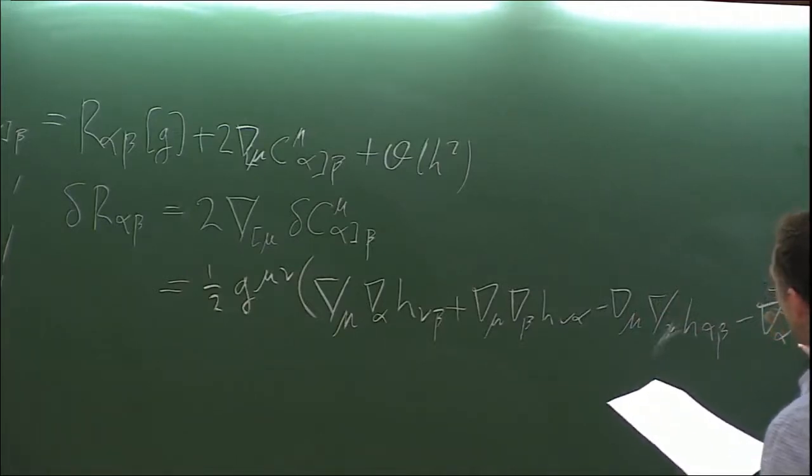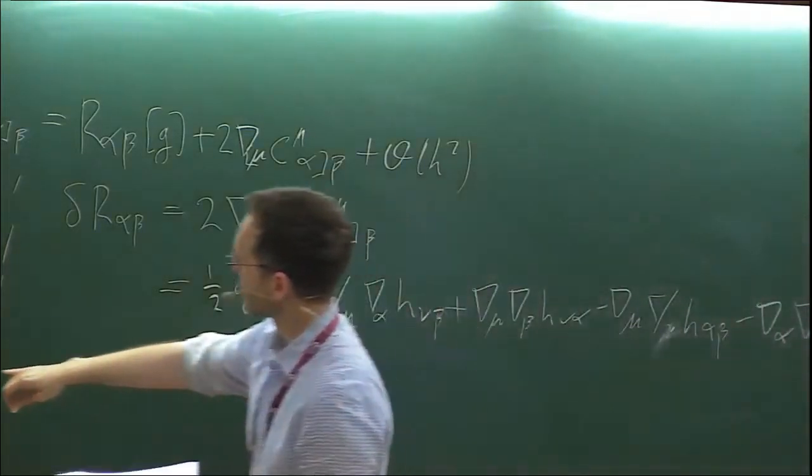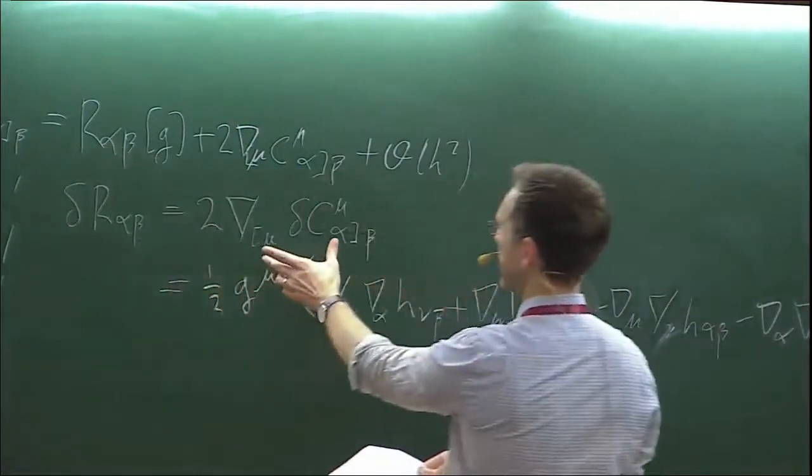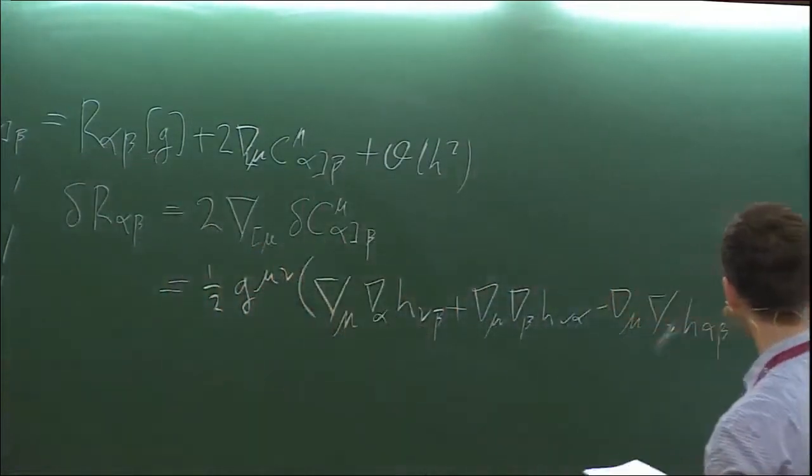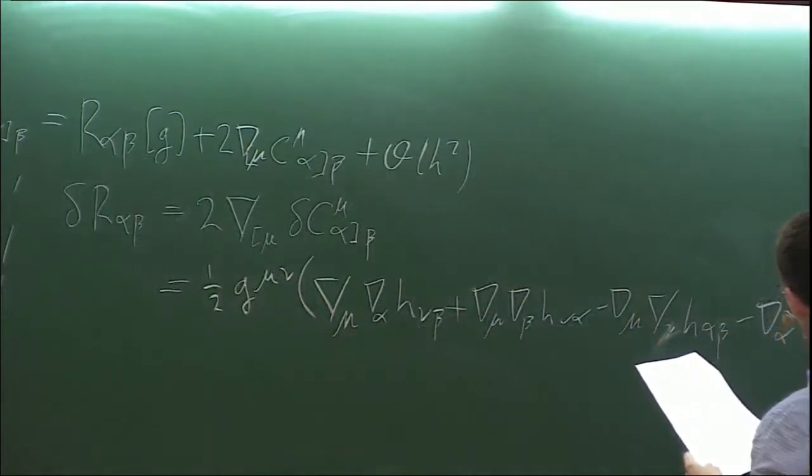There's 6 of them. Because there were 3 terms here, and then you're taking the anti-symmetrization, so you double the number of terms, and a couple of them cancel.